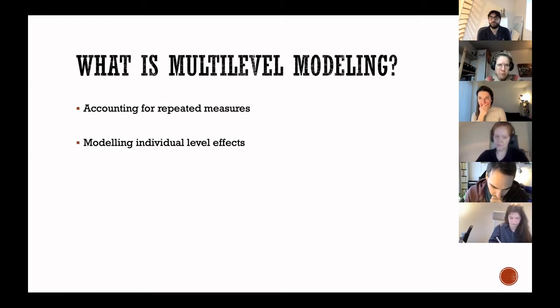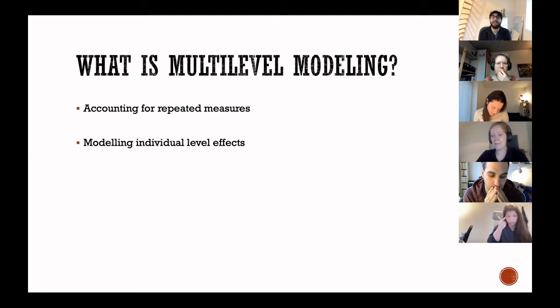Another reason for using multi-level modeling is that we might be interested not just in the population level effect, but also in modeling individual level effects. This is crucial in studies of individual differences, where we are interested in estimates for different parameters for single individuals, that can be within the same model or separately be, let's say, correlated with another aspect.